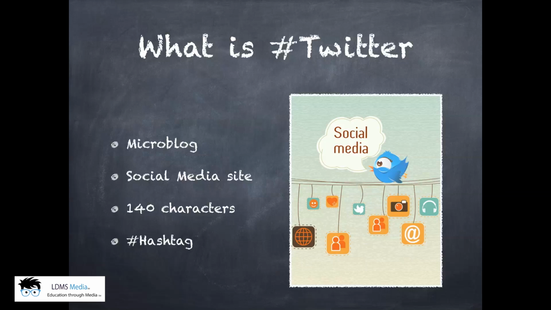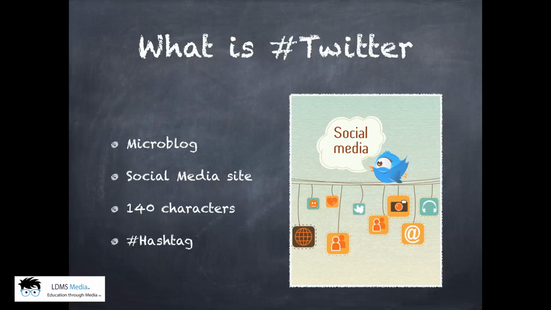And of course, the famous thing about it is the hashtag. You've probably seen hashtags on advertisements, videos, and commercials. A hashtag is basically a symbol used to mark keywords or topics in a tweet. For example, if you're sending out a tweet and you want a running conversation, you would use hashtag EdChat, an educational chat that is trending.